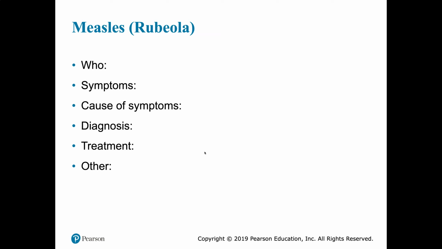So measles, or rubeola, this is something we really haven't had to worry about until recently, within the last 5 years or so. And we hadn't seen the number of cases of measles that we've seen over the last 5 years for a very long time, because we have a vaccine for it.